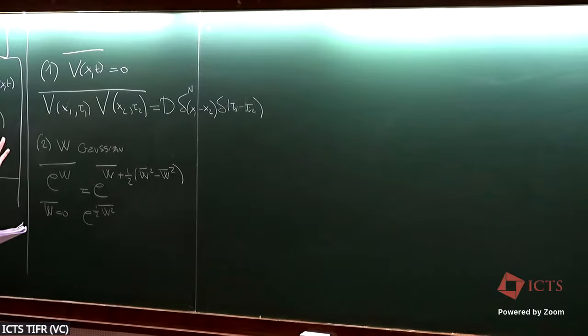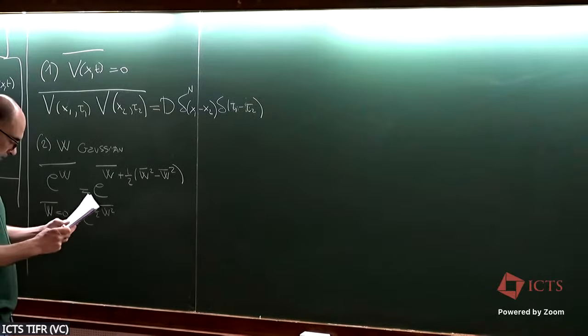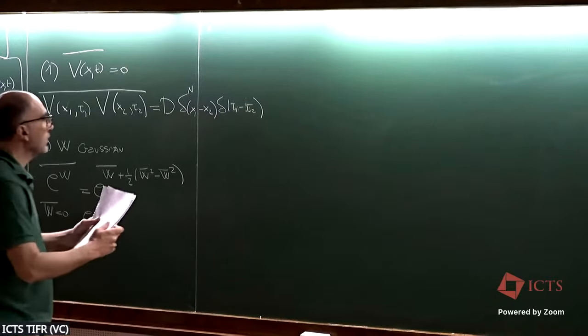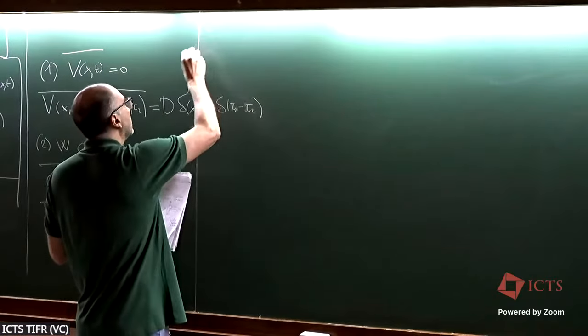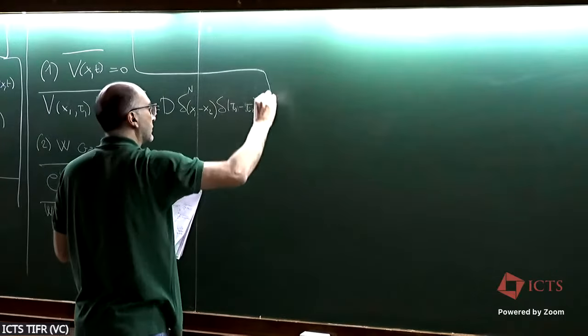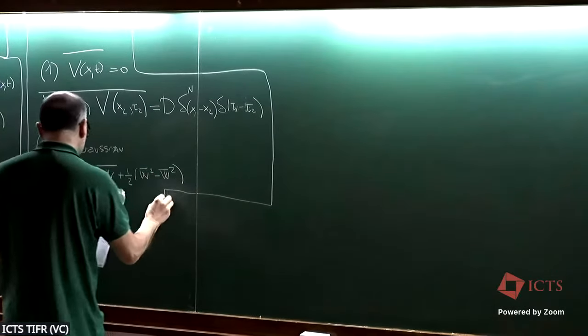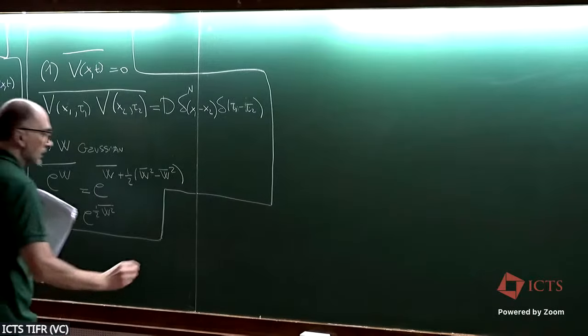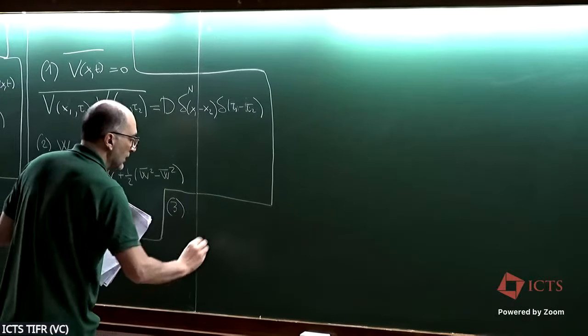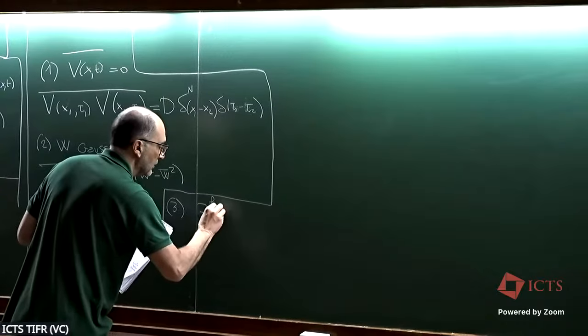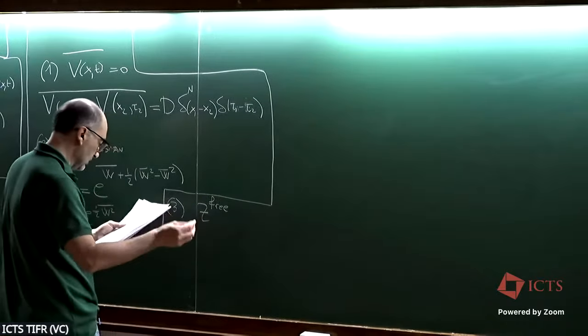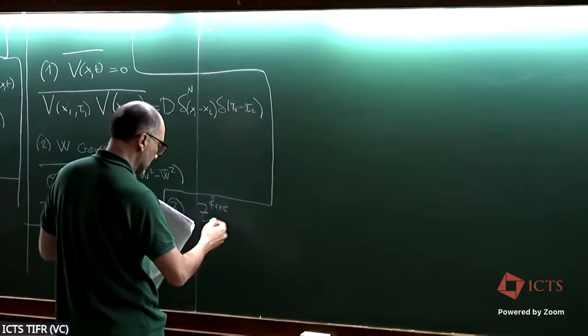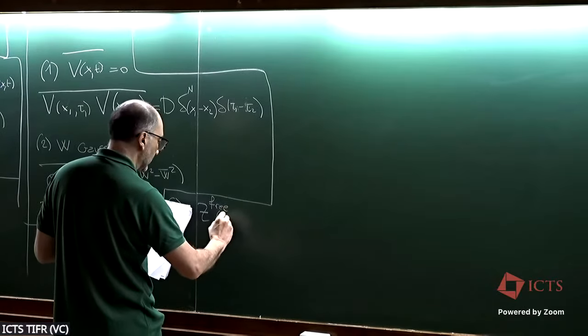Okay, and then the other thing that maybe I want to recall, let me see where I should put that. So let me put it here. The third thing I want to recall is the propagator Z_0. I also gave you the way to derive it, but it's just the standard problem of diffusion.